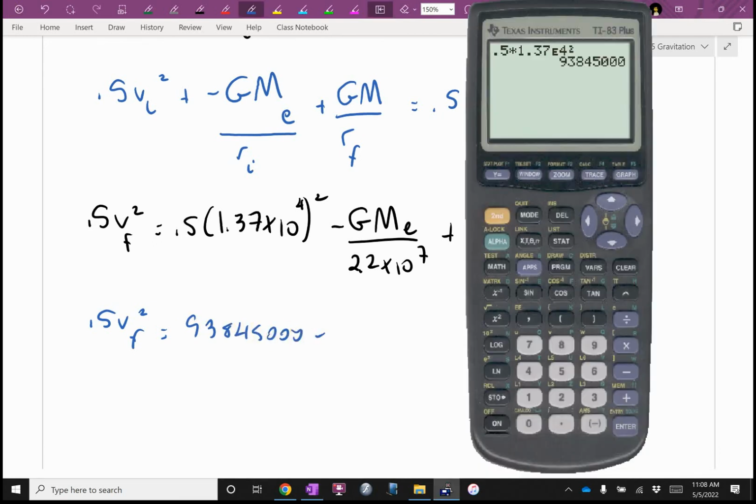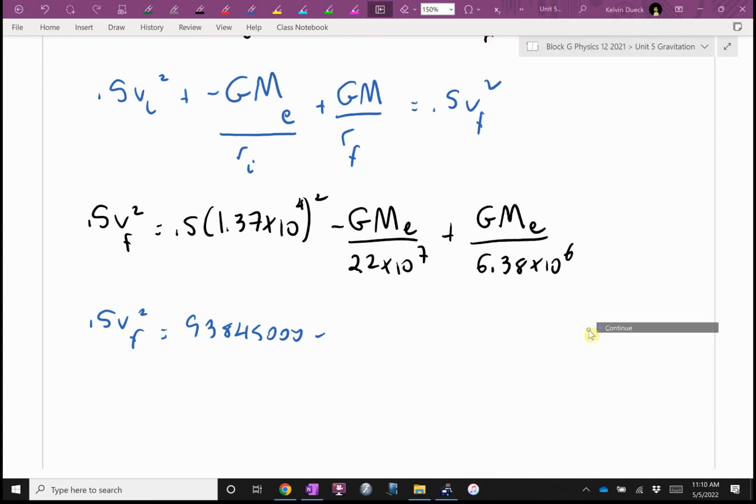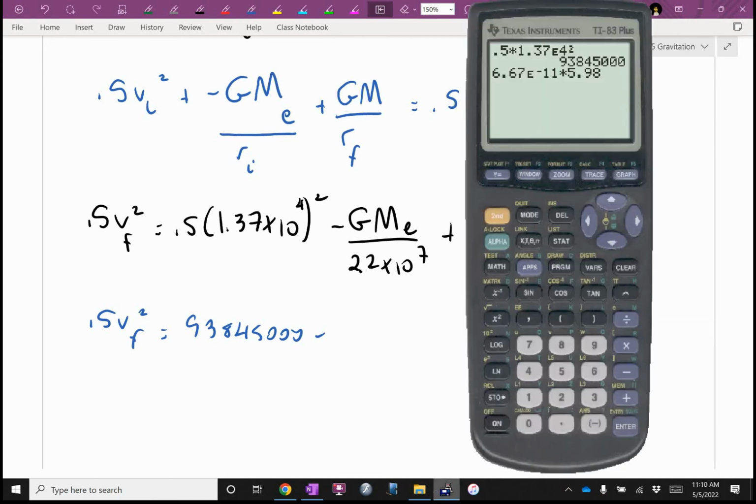And then take away 6.68 times 10 to the negative 11 times 5.98. I said 6.68, but I wrote it right. I typed it right, yeah? Sorry, I was already on to the 5.98 in my brain. It's really tricky when you're teaching, by the way. I'll pause for a second. So I was typing correctly at least.